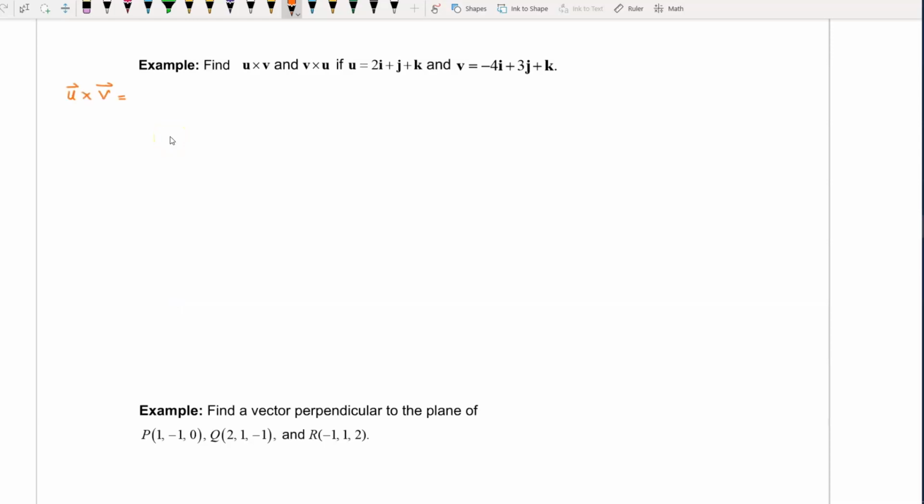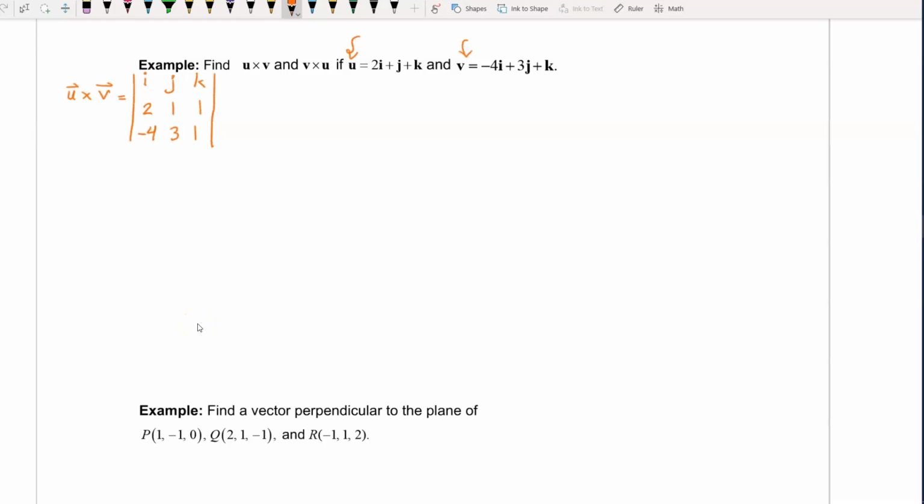By definition, u cross v is the 3 by 3 determinant with i, j, k in the first row, on the second row the u vector, 2, 1, 1, and on the third row the v vector, negative 4, 3, 1.